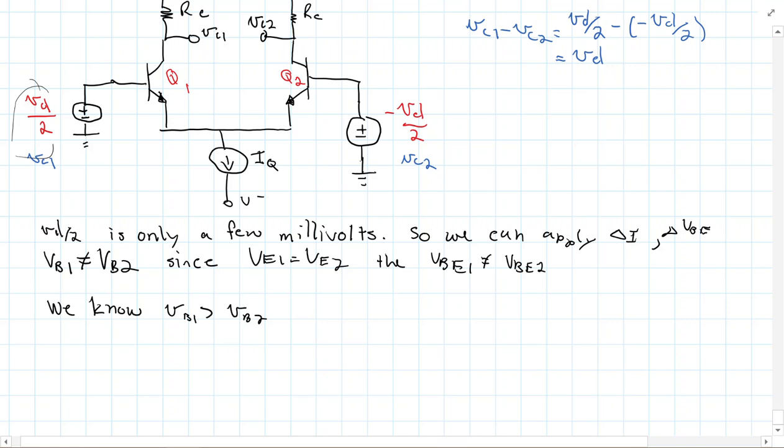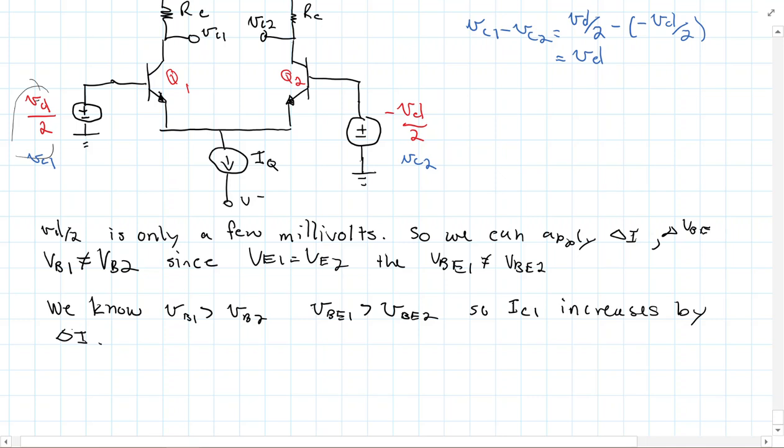So this means VBE1 is greater than VBE2. So IC1 will increase by some delta I. I don't know what that is, I'm just going to say some delta I for now.